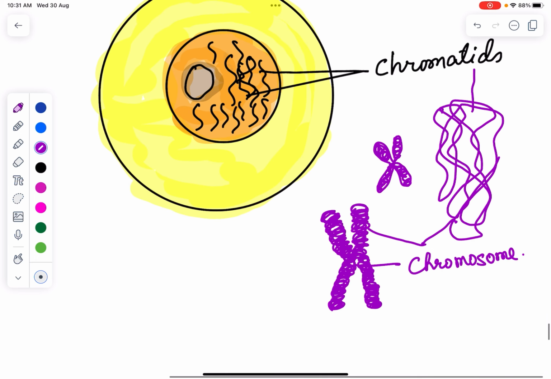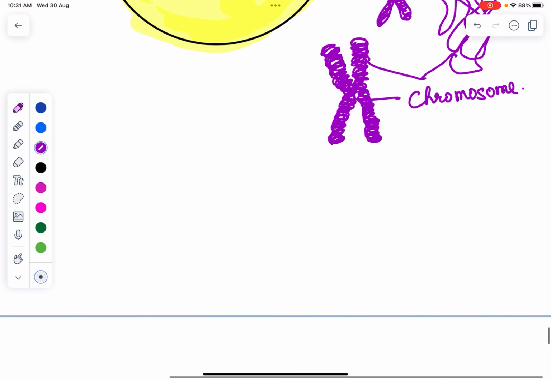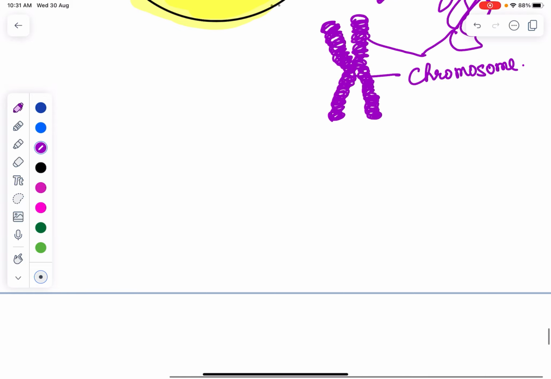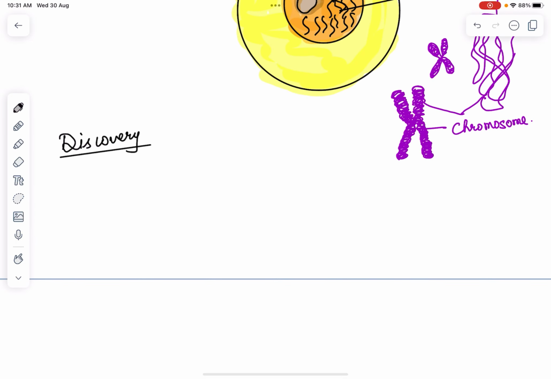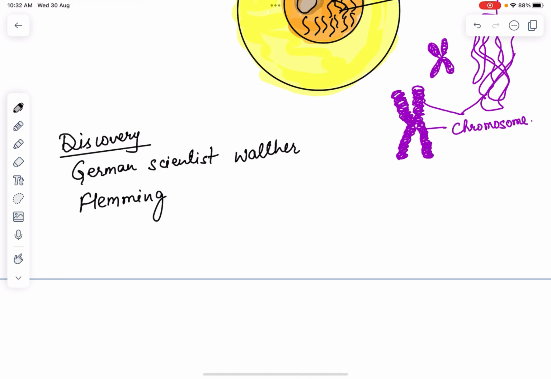Now we'll see who discovered chromosome. Discovery of chromosome. Chromosome was first studied by a German scientist, Walther Fleming, in the year 1882.